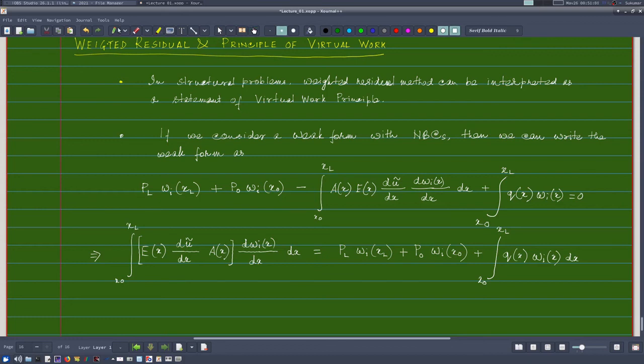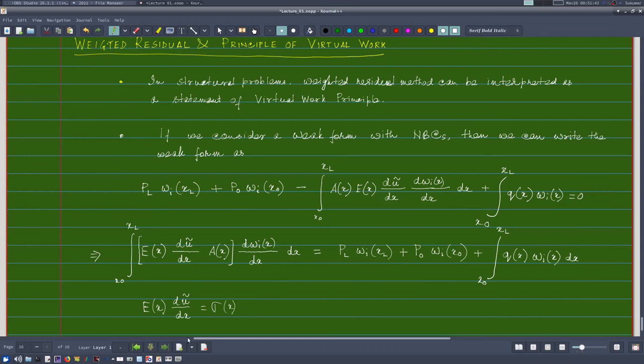I can write that this E of x into this du tilde dx is my stress, because this is strain and this is my E, so this is my stress, sigma of x.